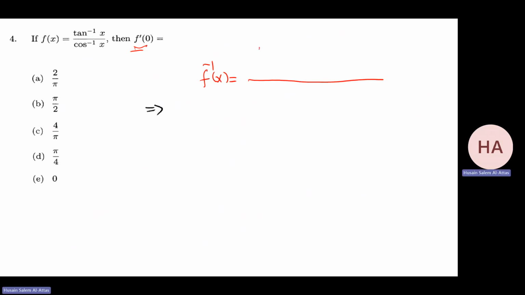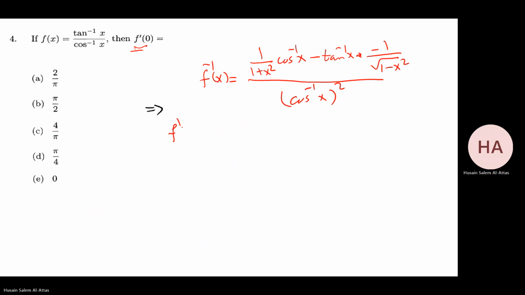Derivative of the numerator, 1 over 1 plus x squared, times the denominator, minus the numerator times the derivative of the denominator, minus 1 over square root of 1 minus x squared, with the denominator squared underneath.